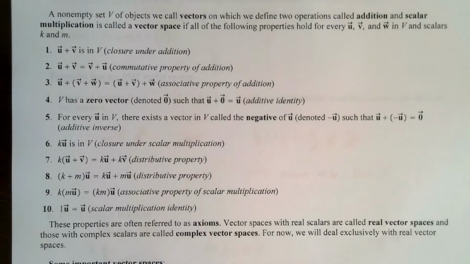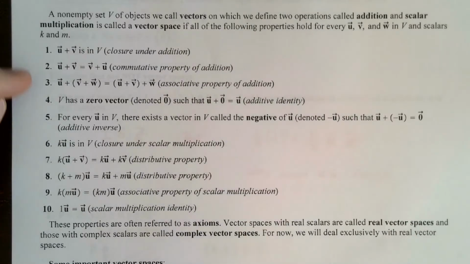You can see the axioms, the first three at least deal with the addition operation. The first one is the closure axiom; these properties are sometimes called axioms. If we add any two vectors in the set, we have to get a vector in the set. If I were to add two vectors and get a vector not in the set, then this would be violated.